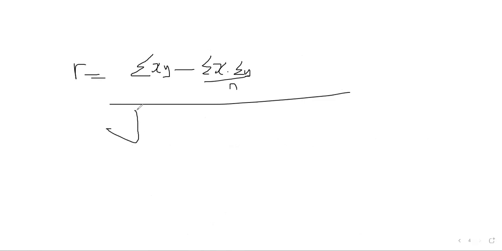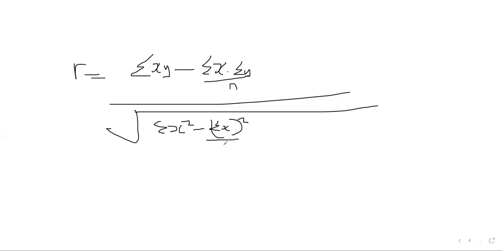R is equal to summation of xy, then minus summation of x multiplied by summation of y, over n, over the square root of summation of x square minus summation of x, square, over n.